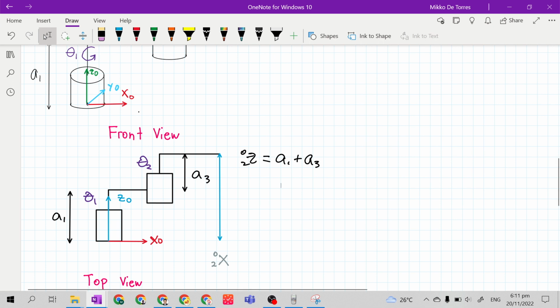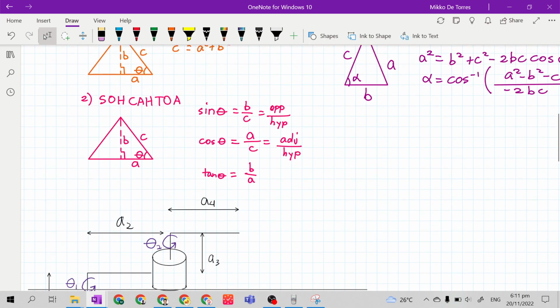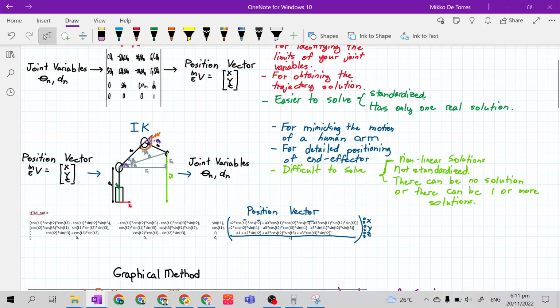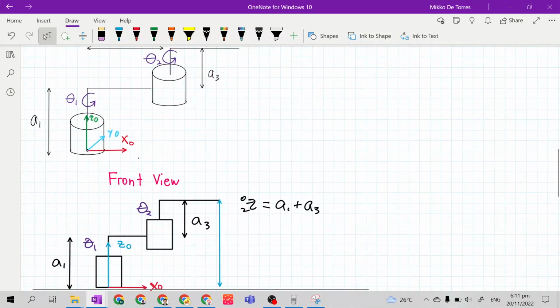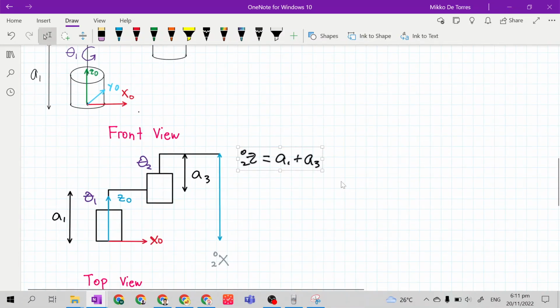But the position vector, class, is given in inverse kinematics. What you will do is find the joint variables. In this solution, Z02 is equal to A sub 1 plus A sub 3.